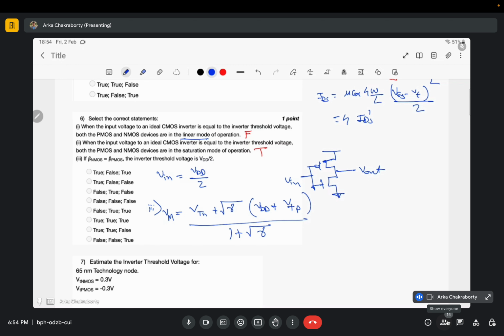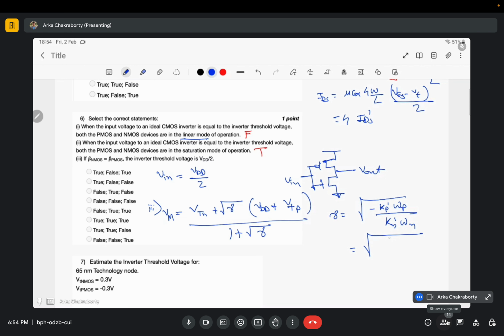Now what is the value of gamma? For long channel inverters, gamma is equal to minus Kp prime Wp by Kn prime Wn. Kp prime, Kn prime you might not be familiar with. The term Kp is basically mu Cox.